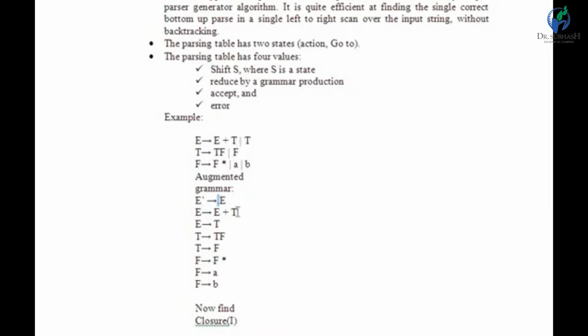So write those productions: E gives E plus T, E gives T, T gives T star F, T gives F. Just separate all these productions. F gives F star, F gives A and F gives B. So now find closure of I. First your state is I0.